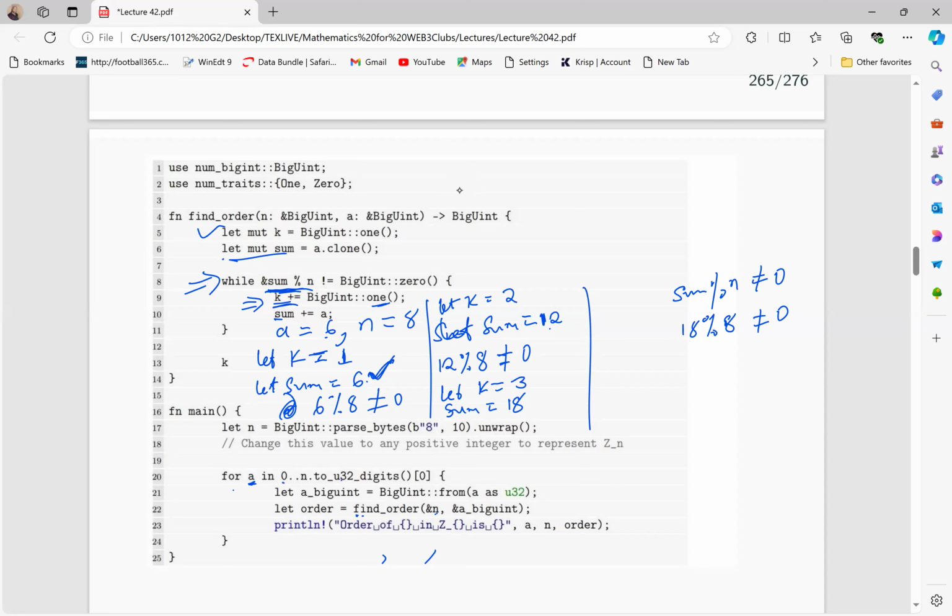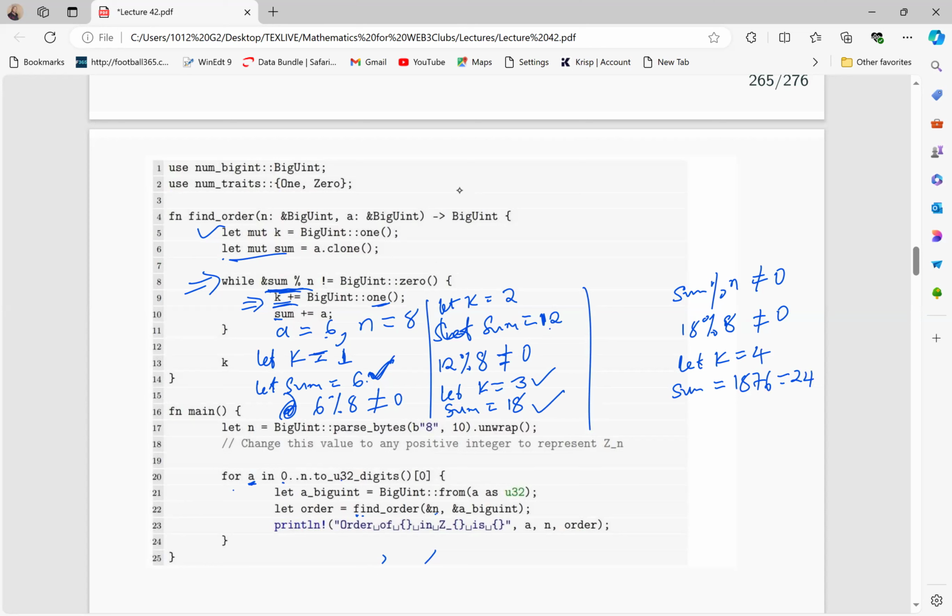Because of that, we increment K to 4 now. It was 3, and we increment the sum to the sum that we had, which is 18, plus our A, which is 6, which will be 24.